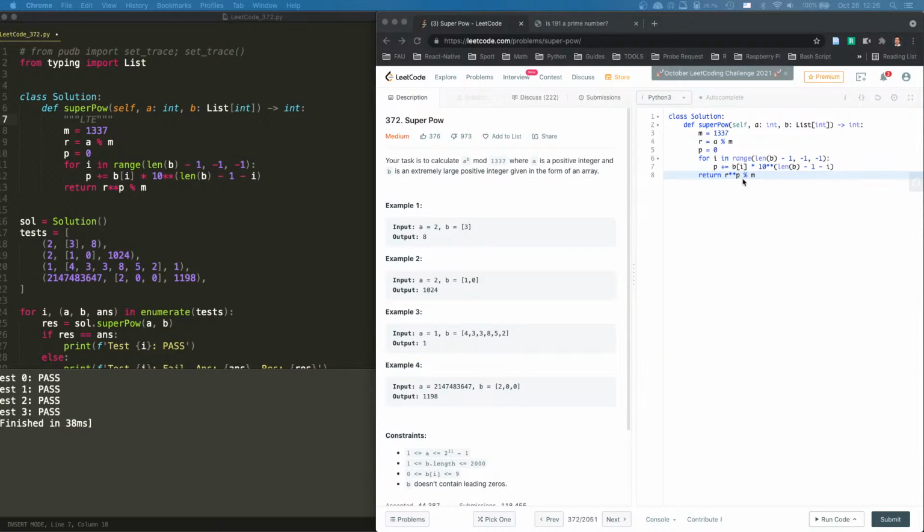So R squared is going to be like this. Or we can do R to the 3 power, or R to the second power is going to be like this, right?